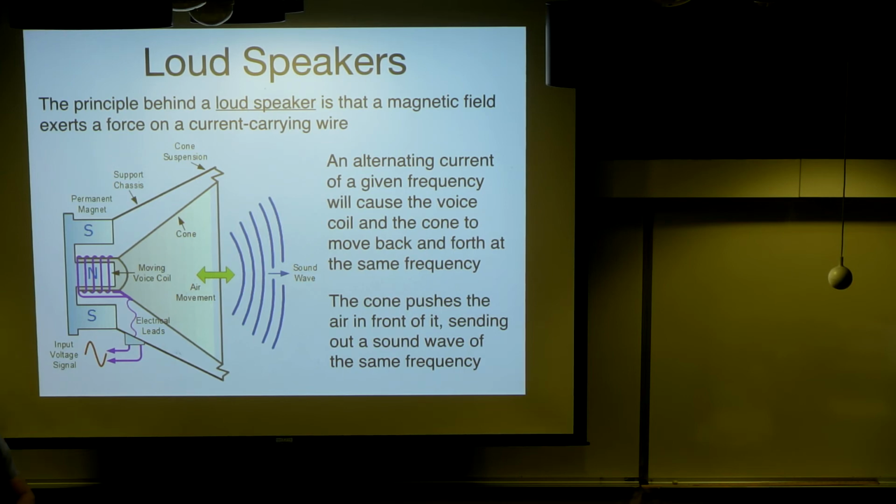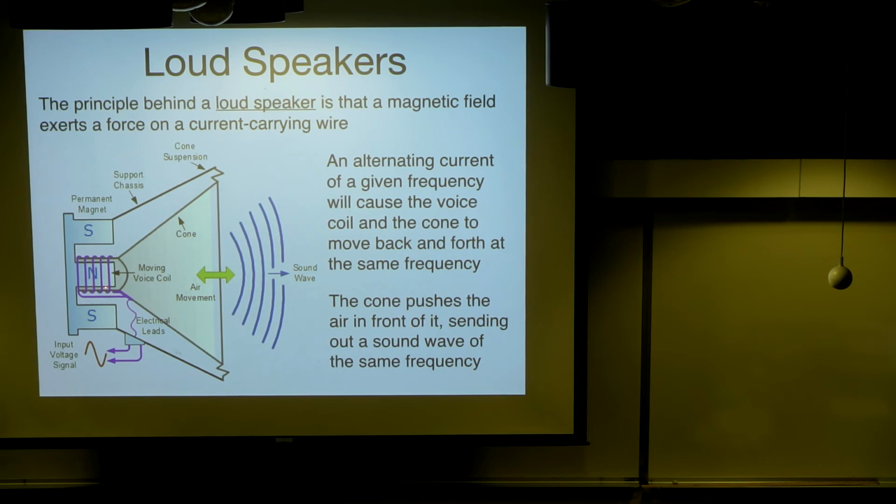If I want some incredibly complex set of frequencies that you find in a song, I'd have to have all of those frequencies present in this alternating current. So basically, information about the sound you are playing is in this alternating current.